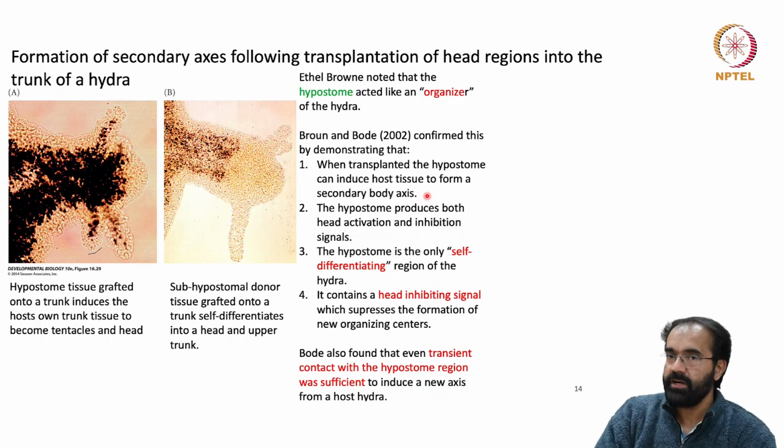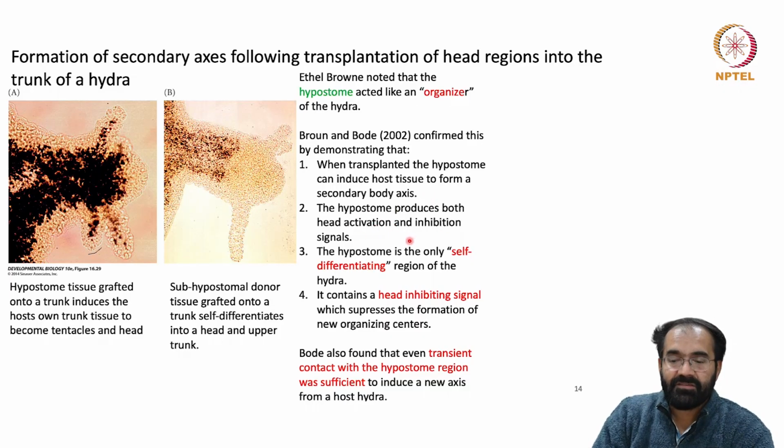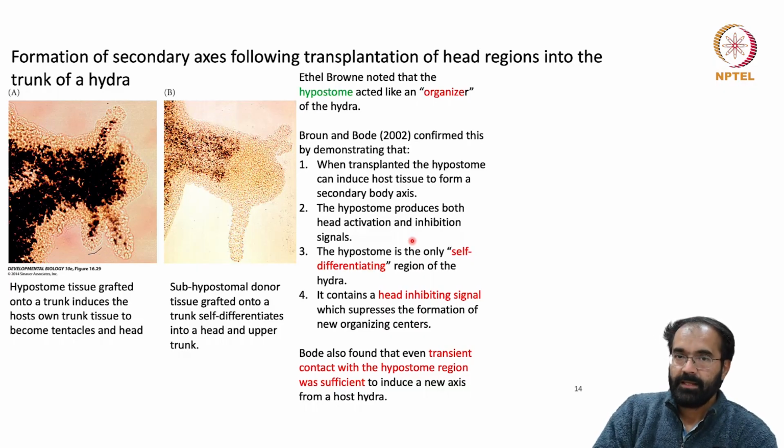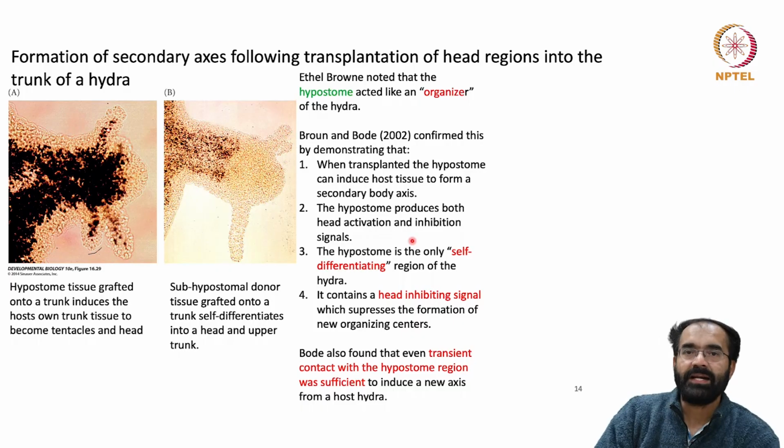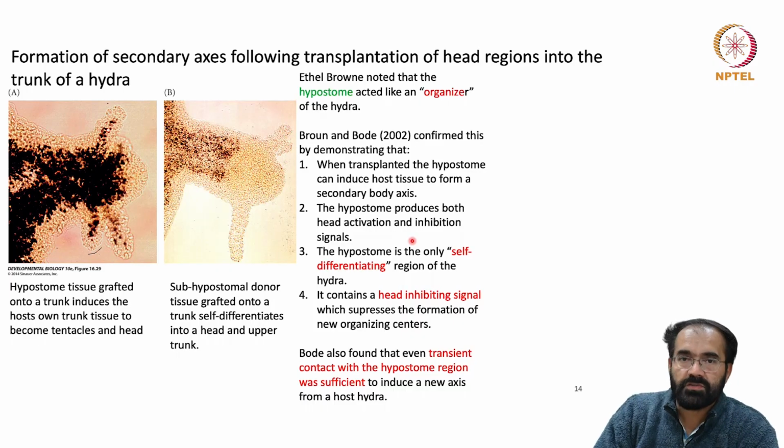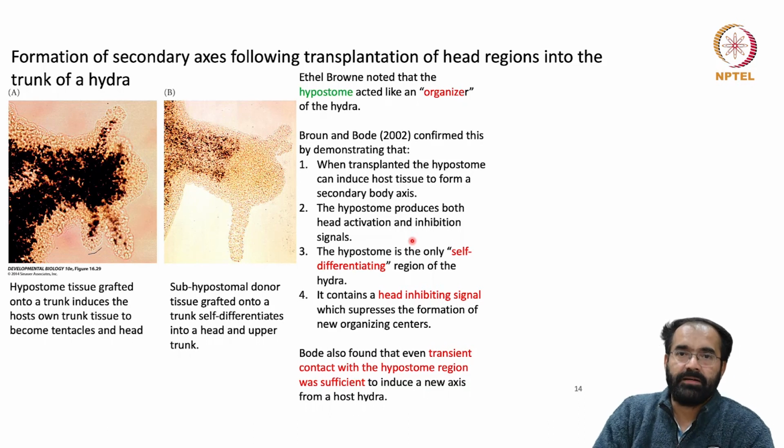The primary body axis already exists, and it creates a secondary body axis, formed by a small tissue. That is what is more important. The hypostome produces both head activation and inhibition signals. This may sound a little like a conundrum, and we'll come to that. When you put a new tissue, it helps the formation of one head. But you also know that something counts: why can't it form one more head if it is favoring?